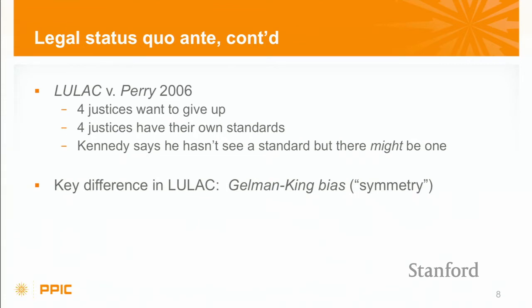The one key difference in the case of LULAC v. Perry is that there was an actual concrete metric that was proposed to the court. And that was this measure that I'll call Gelman-King bias, but some people call symmetry. It wasn't even proposed by the plaintiffs or the defendants. It was proposed by a group of political science professors.